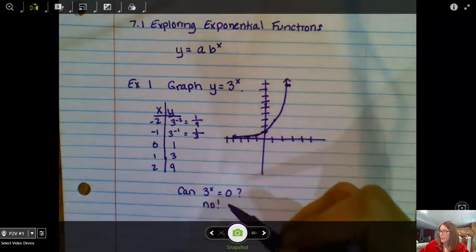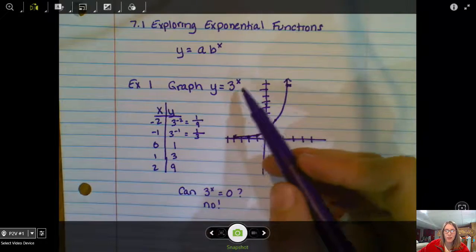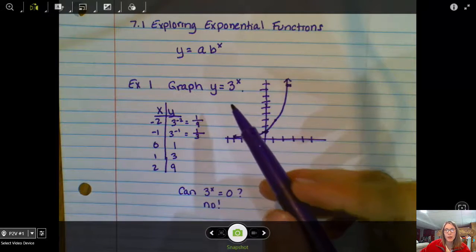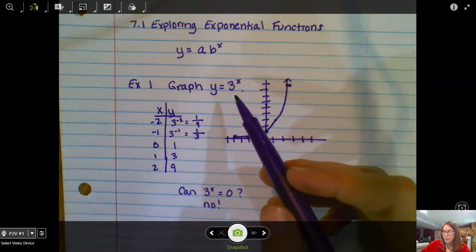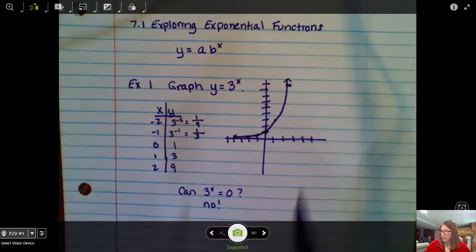So we will never have a negative y value with an exponential function, unless we had different transformations that happened. But without other transformations, without a reflection or a translation down, we can't have a negative y value. So that means our function is never crossing the x-axis.